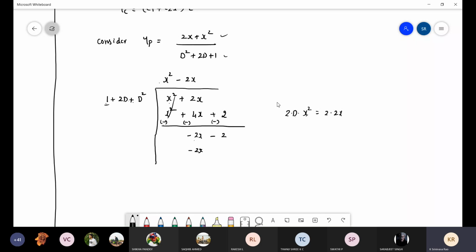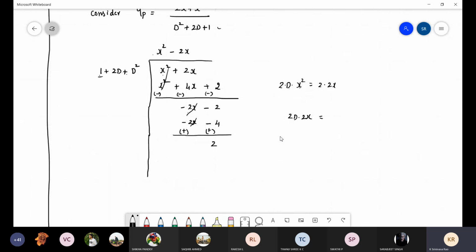Then plus into minus is minus, 2 into the differentiation of 2x, which is 4. Minus 4. Now the subtraction rule: minus changes to plus. So 2x and 2x cancel. Minus 2 plus 4 is plus 2. Again it is not 0, so continue.